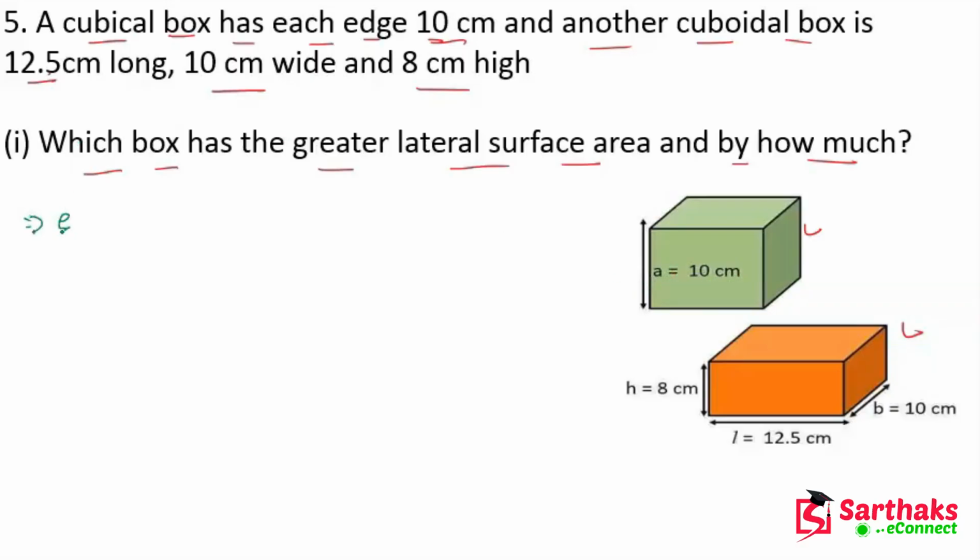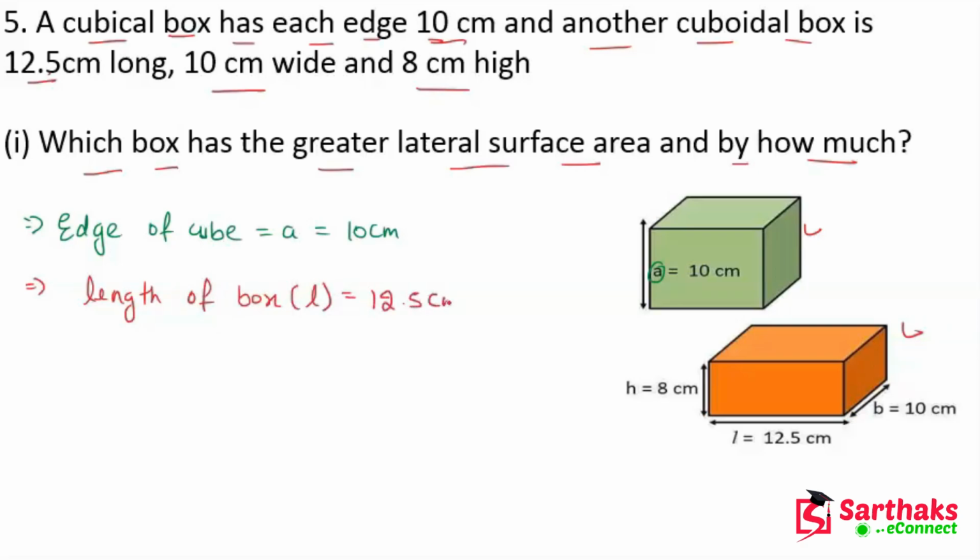We have the edge of the cube, a, which is equal to 10 centimeter. And the length of the cuboid, L, is equal to 12.5 centimeter, the breadth B is equal to 10 centimeter, and the height H is equal to 8 centimeter.